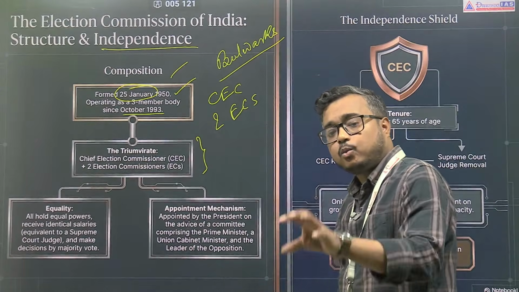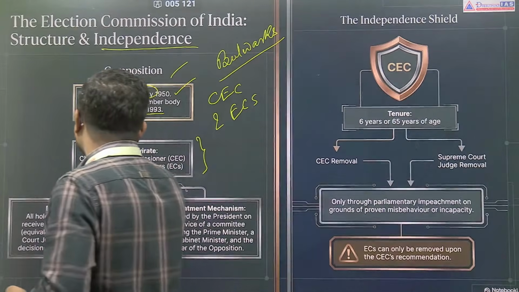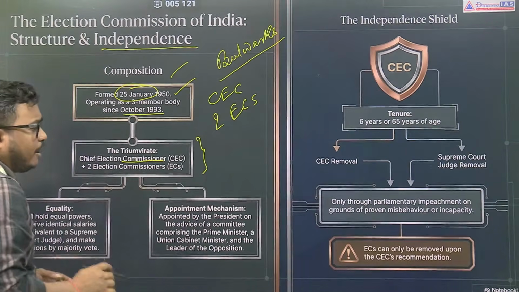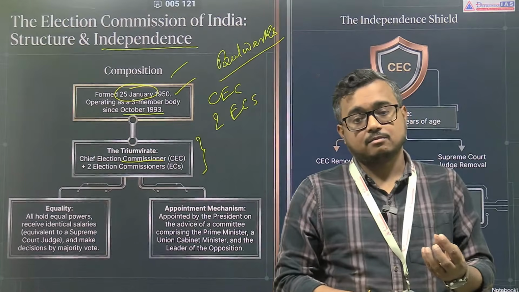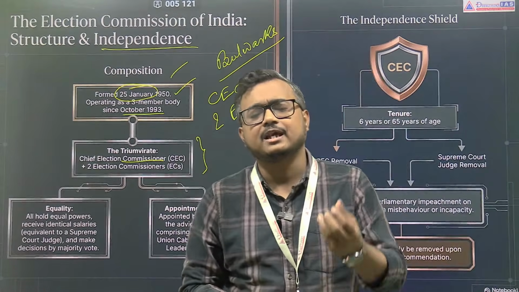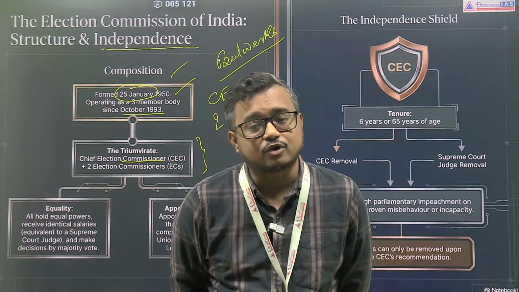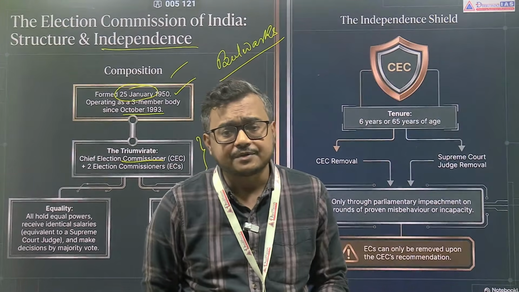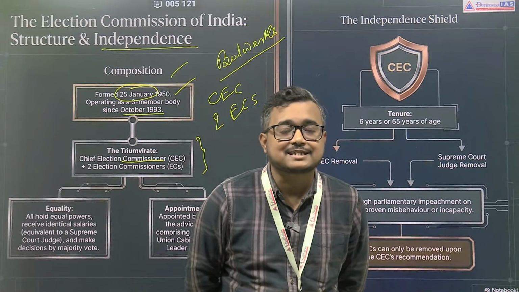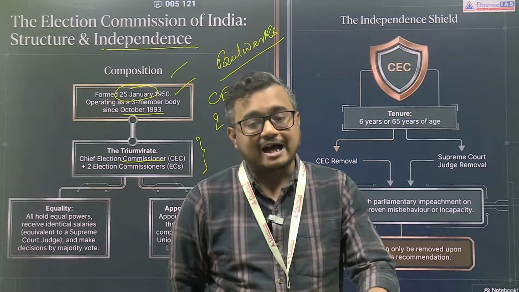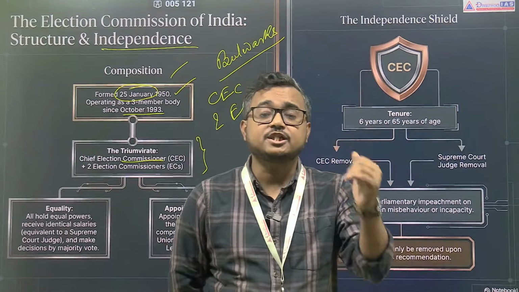And what is the process of appointment? The CEC, the Chief Election Commissioner, will be appointed by a selection committee, and that selection committee has been under some matter of controversy or discussion in recent times, because the Supreme Court said that the committee should have the PM, the leader of opposition, and the Chief Justice.